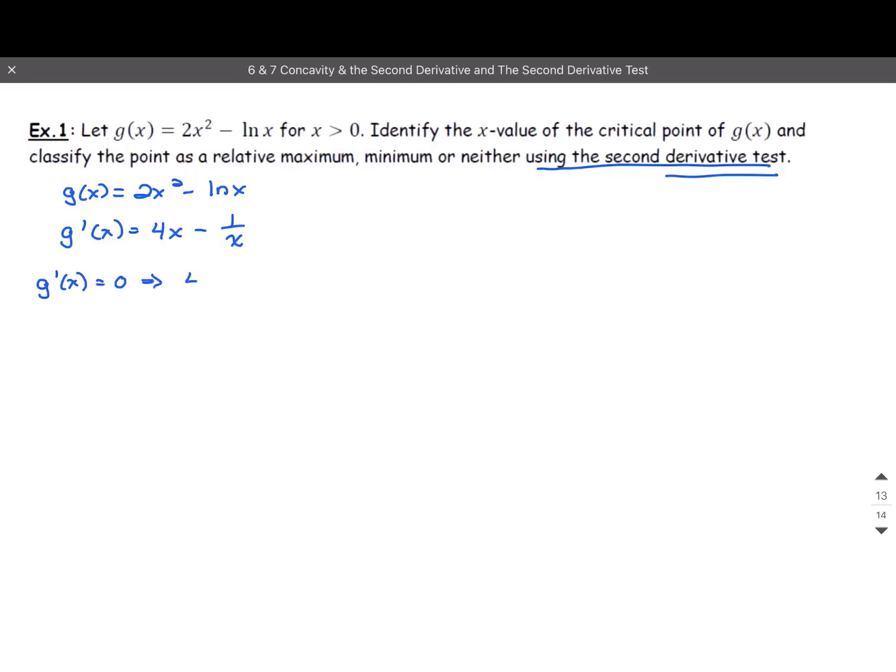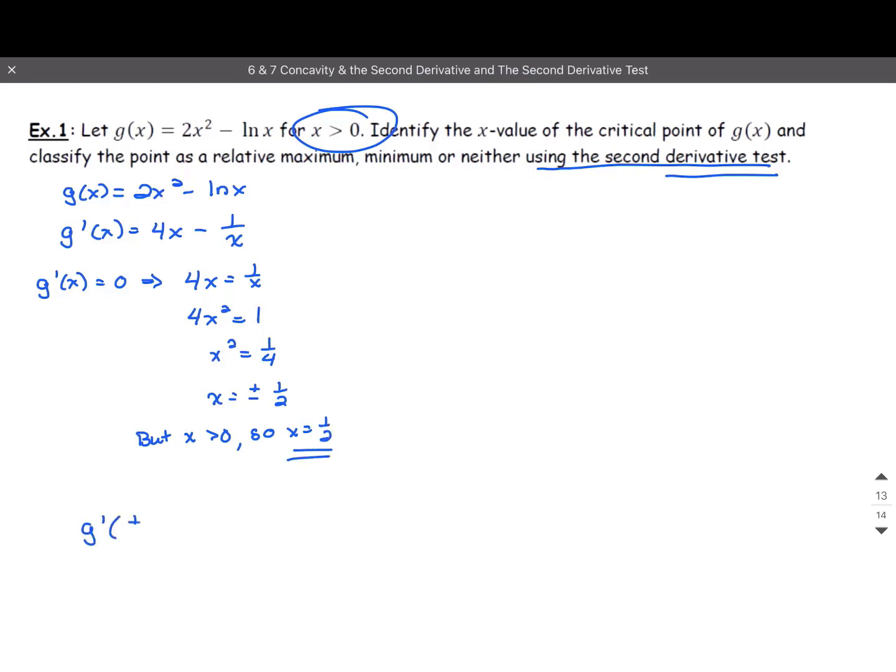So 4x has to equal 1 over x, or 4x squared equals 1, which means x squared is 1/4, or x is positive and negative 1/2, but we know that x has to be greater than 0. Don't forget that piece up there. So x has to be positive 1/2. We now know that g prime of 1/2 is 0.